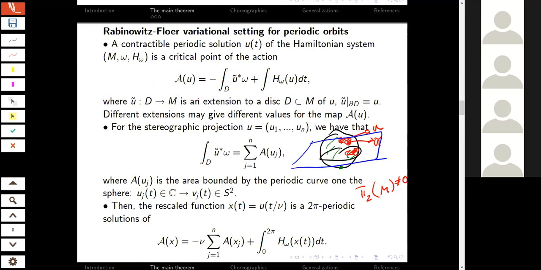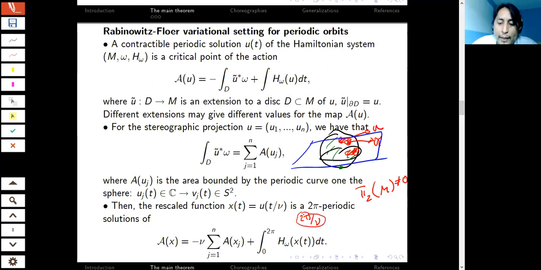Actually, I talked before about the scaling, because u of t can have different periods. If the period of u is 2 pi over nu, as I said before, because I want to target the periodic solutions arising from the equilibria, and that family really depends on the period, and I want to use a nonlinear functional setting, I am going to rescale the time in order to have x of t, with this rescaling, always be 2 pi periodic.